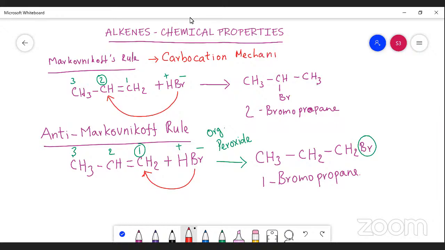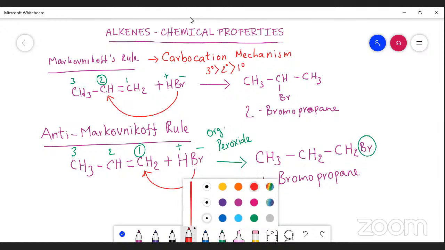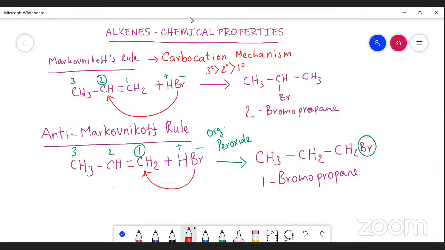In the carbocation mechanism, the tertiary carbocation is more stable than the secondary carbocation and the primary carbocation. And if we take the anti-Markovnikov rule, it follows the free radical mechanism.